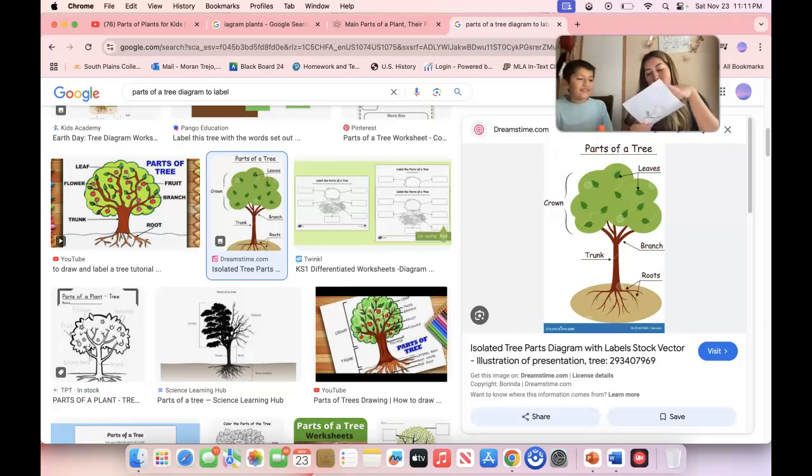So when the bees are on the flower, why do they like to be on the flower in the center? Yeah, pollen. There's pollen. And it's sweet, and the bees like the pollen, right? Because it's nutrition for them. So in the seeds, it has nutrition. Yeah. Because remember, we need a seed. First, we need a seed. If we don't have a seed, then we're not gonna have roots.